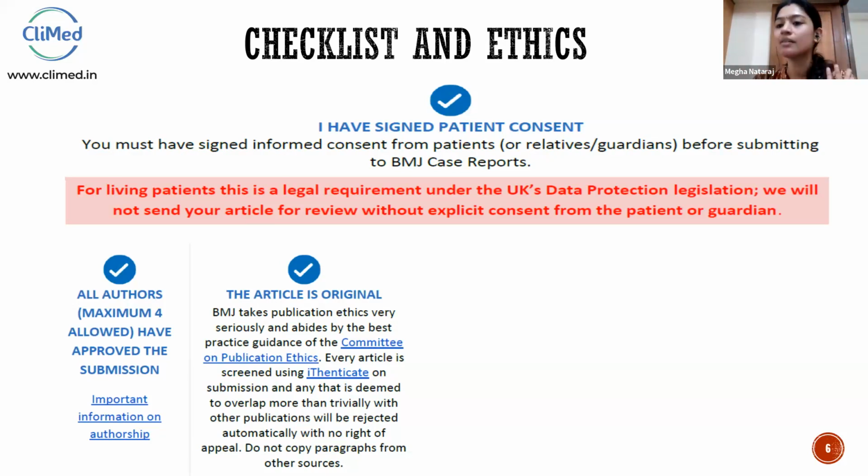The ideal way of understanding that is the person who first comes up with the idea, who first takes the effort of doing all the work, and who does about 70 to 80% of the maximum work. That is the person who qualifies as the first author.